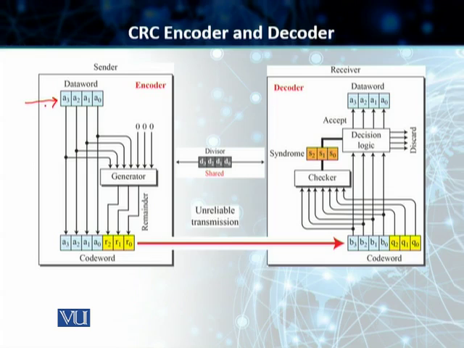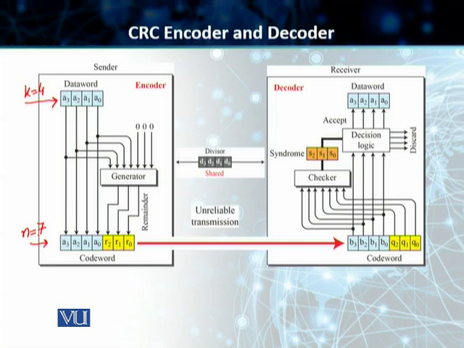Once again, our k is equal to 4, and the code word has n bits. So k is 4, and the ultimate code word that we are going to be sending has 7 bits, so n is equal to 7. As I told you, the data word is augmented by adding n minus k, or 3 zeros, to the right hand side of the word.